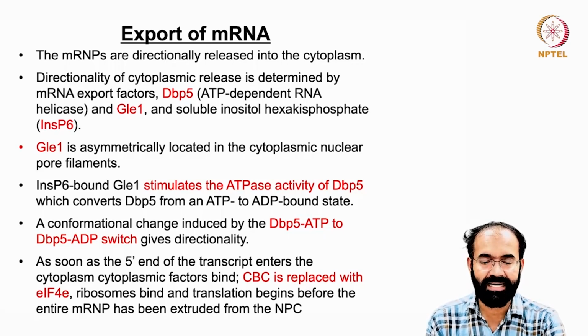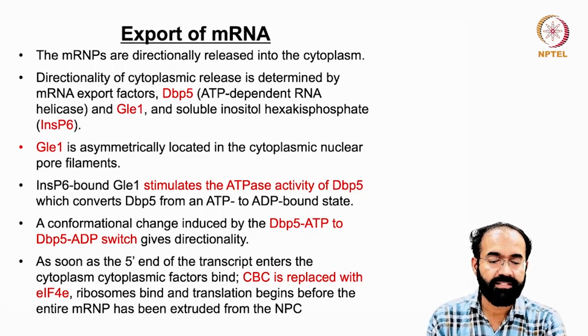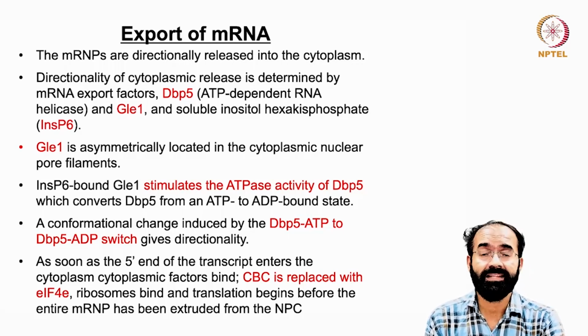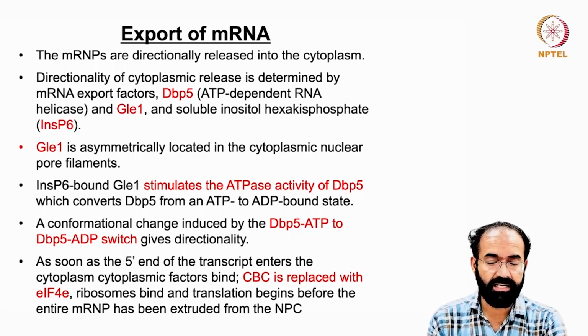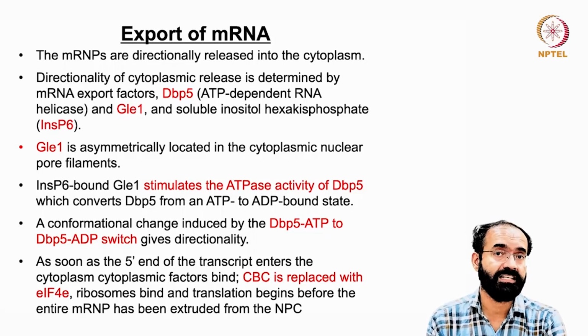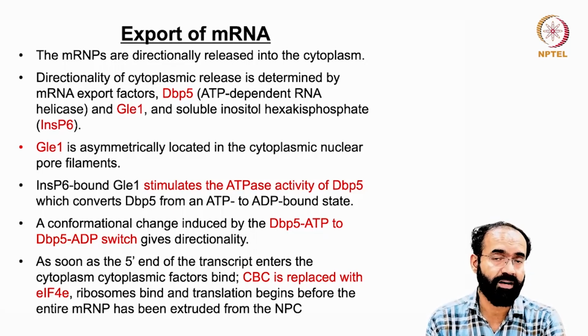So as soon as it enters, CBC, which stands for cap binding complex, is replaced with eIF4E, and eIF4E and the ribosomes come together and start the translation process. Ribosomes assemble one after the other and translation begins.